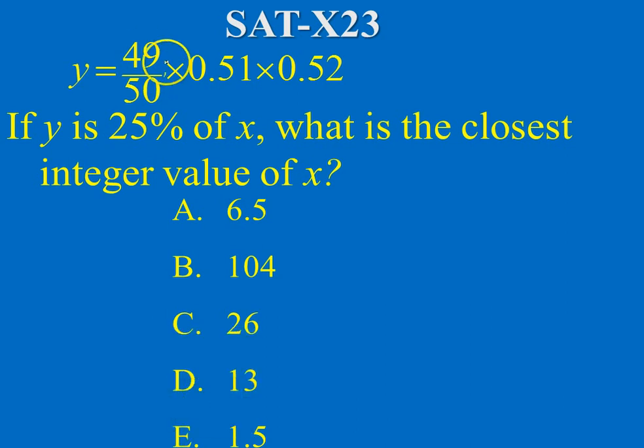There we go. 49/50 is approximately 1. 0.51 is approximately 0.5, which is a half. So I've got 1 times a half, and then 0.52 is not much bigger than a half either. So 1 times a half is equal to 1/4. So approximately, the product of those three values is about 1/4.